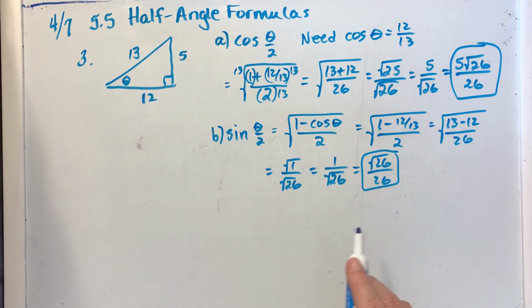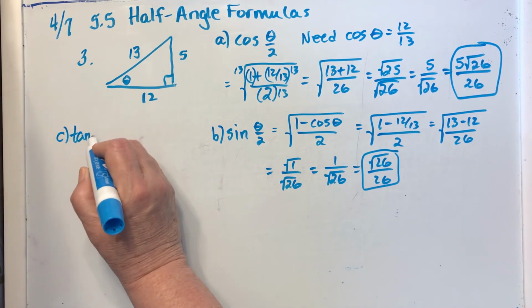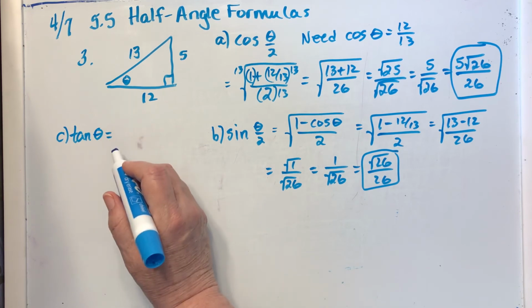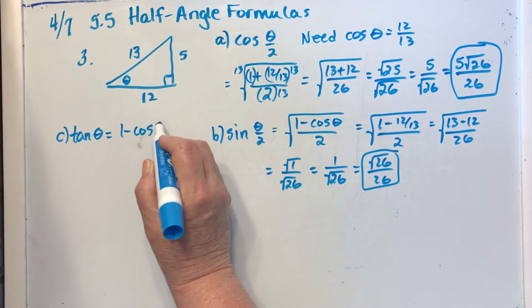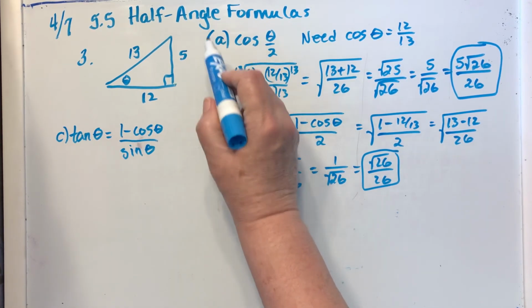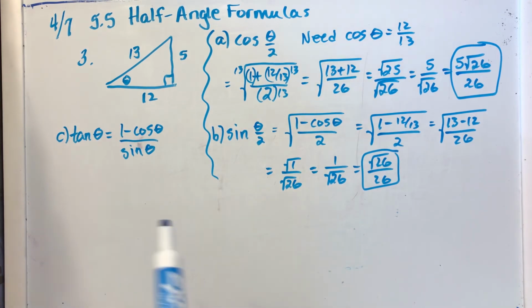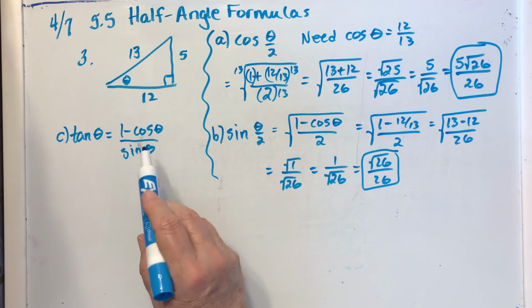If they want the tangent of theta over 2, I'm going to bring this over here. This is a formula we haven't used yet, so I'll remind you what it is. I'm going to use the first one: 1 minus cosine theta over sine theta. So we know the cosine of theta is 12 over 13.